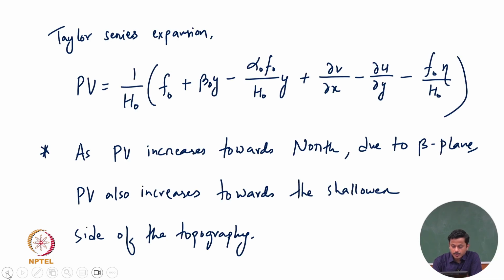This gradient, which is happening because of beta naught and alpha naught in case of topographical feature, is what is giving us the Rossby waves and the topographical waves.